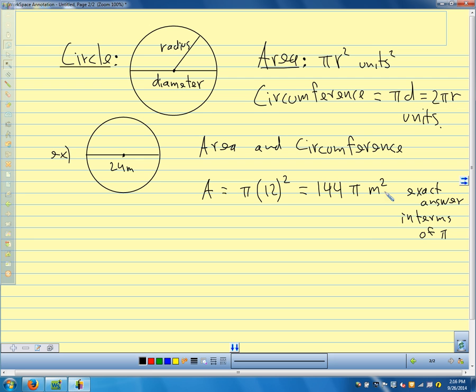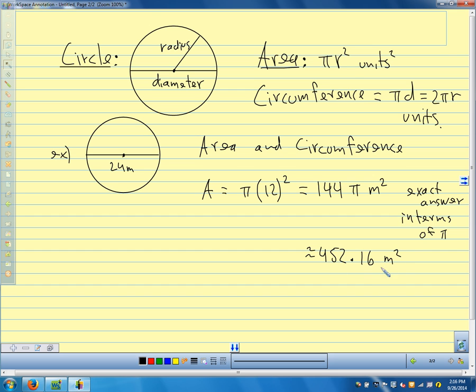When you put it in your calculator, it rounds it off eventually. So you're getting an approximate answer. So this is what we call the exact answer. If we want the approximate answer, then we multiply this together. So we say it's approximately equal to, and we'll calculate that, 144 pi. 452.16 square meters.